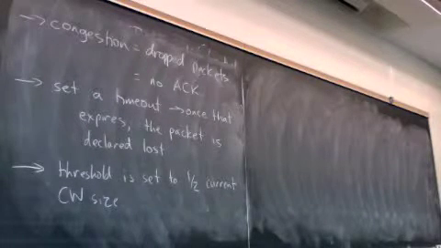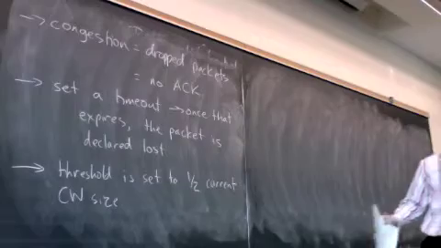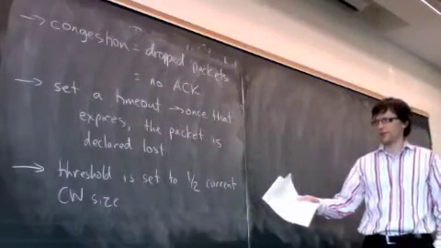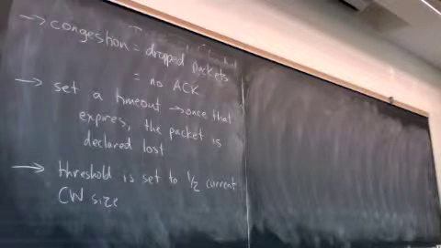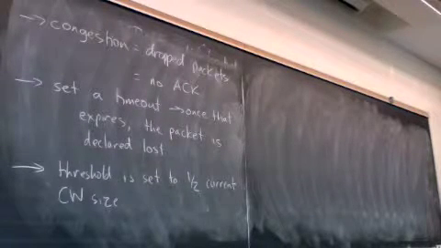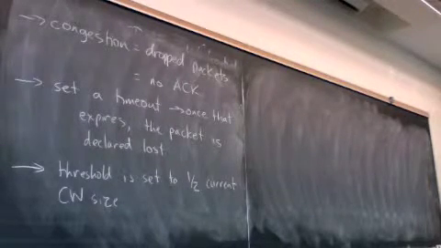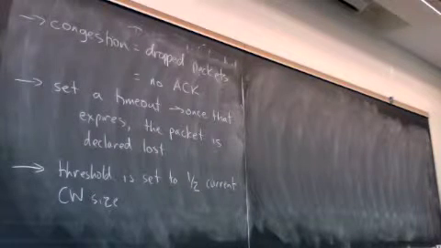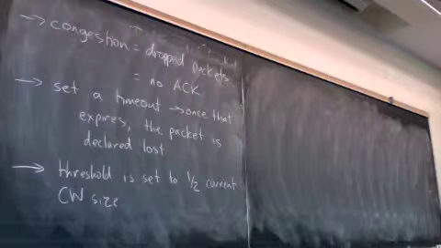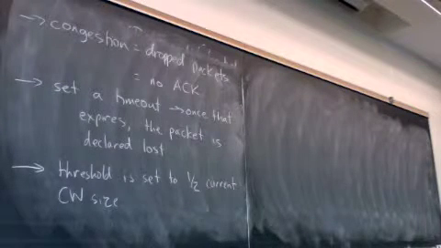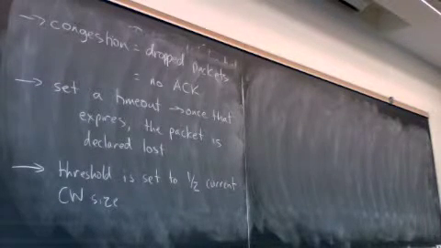In fact, there's a minimum. So ordinarily, the threshold is set to 1/2 of the current window size. There's an advertised window, and the next value of the threshold is, I think, I can't remember if it's the minimum or the maximum between either this value or the advertised window.